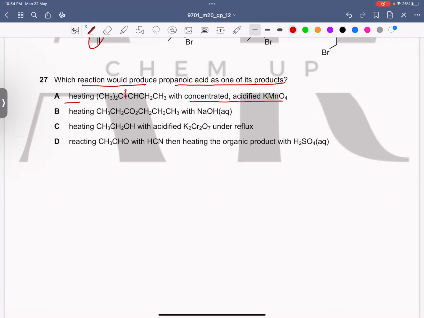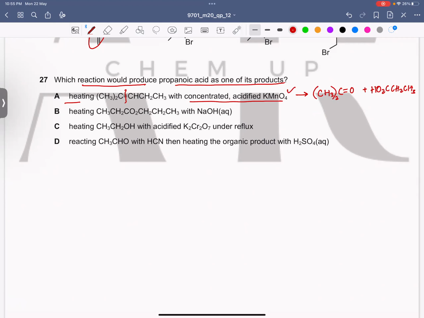So if you recall, this would break down from here. The part or the fragment of the molecule on the left would turn into a ketone and the one on the right would turn into propanoic acid. So this would be a correct answer.